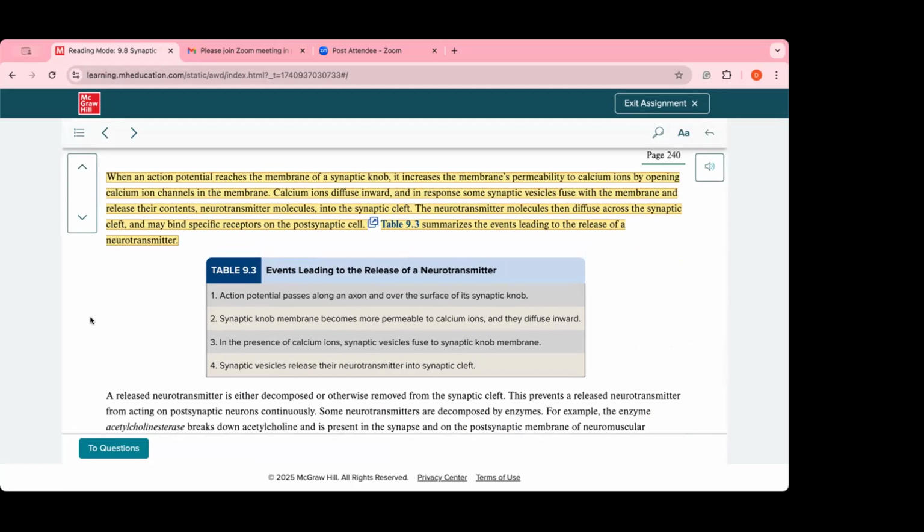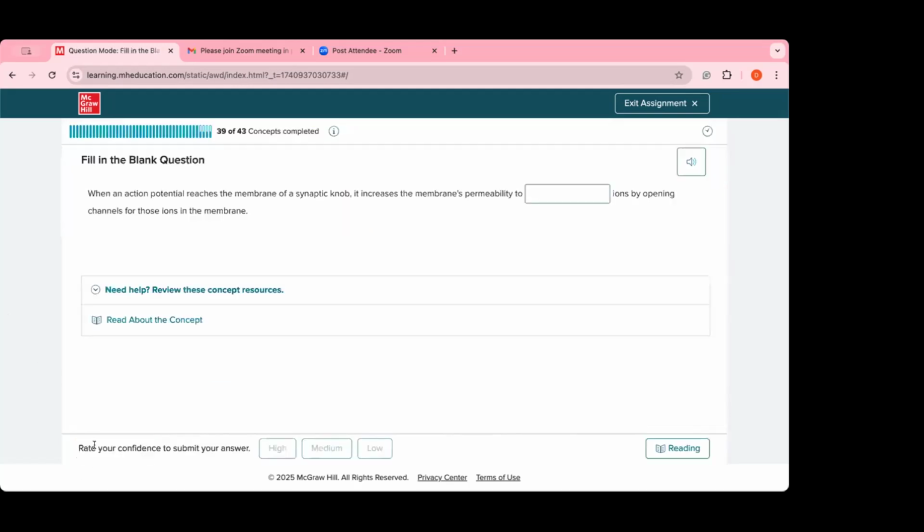So it's calcium. Go to the question. So calcium ions.